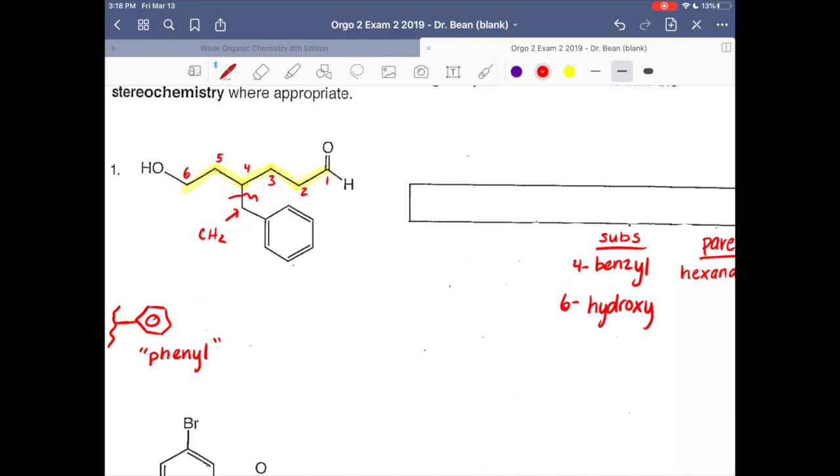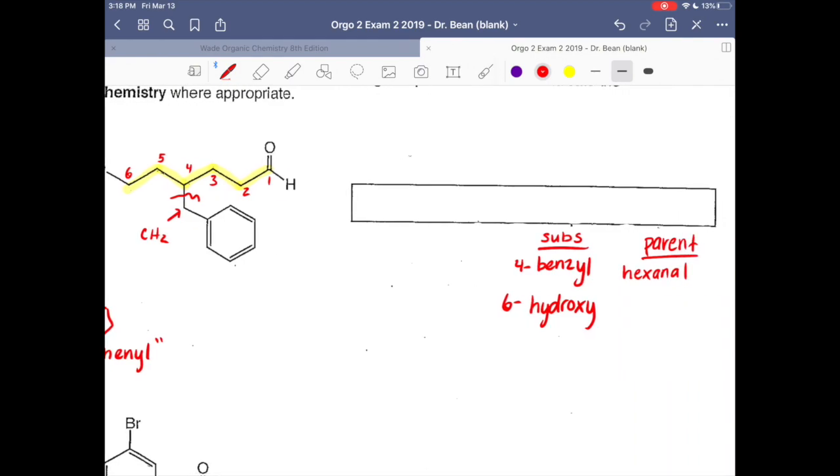Now, in terms of writing this entire molecule out in our box, how are we going to decide the order at which we write it out? It's going to be alphabetical order. So, of course, the B comes first. So we're going to put 4 benzyl dash 6 dash hydroxy.